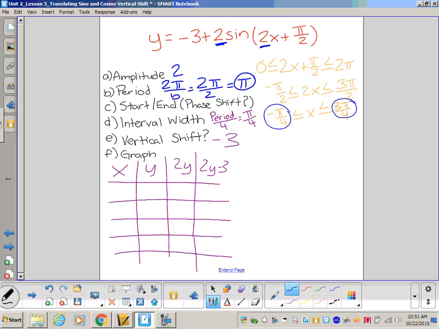So I'll come back to x. Let's do y. Those are my original y values for one period of sine starting at the origin. To handle the amplitude, I multiply all those by 2.